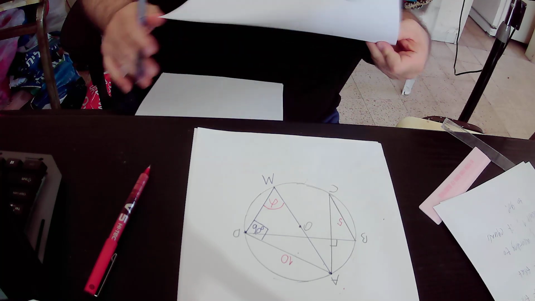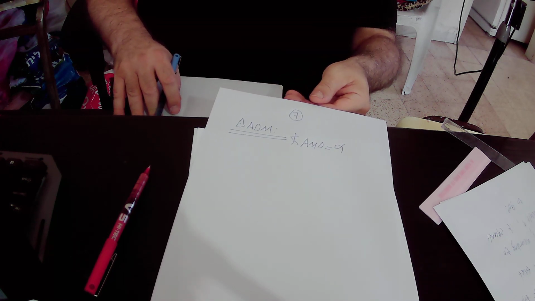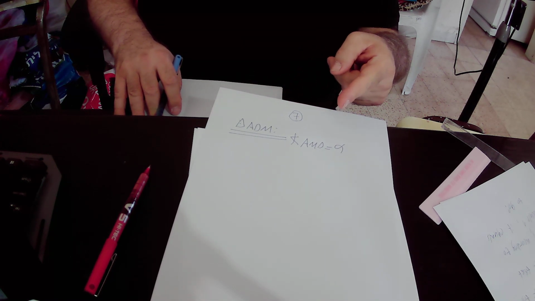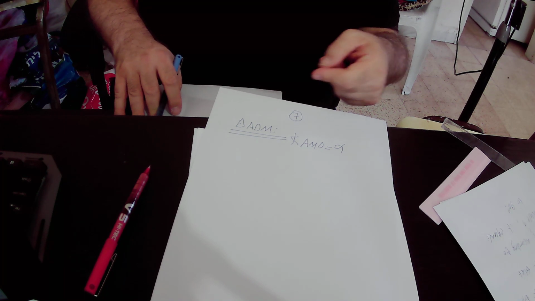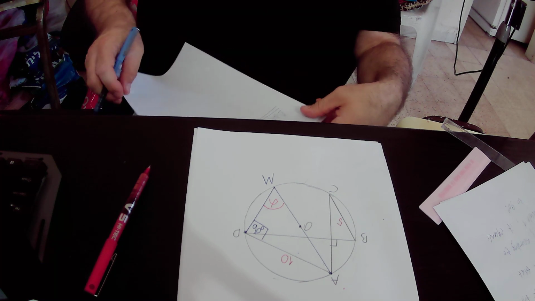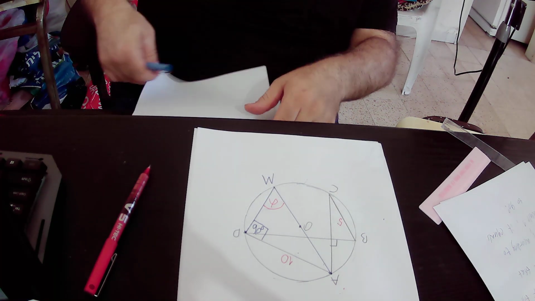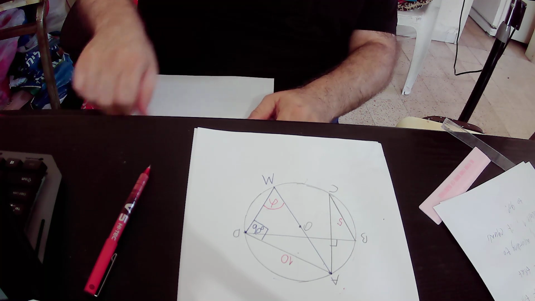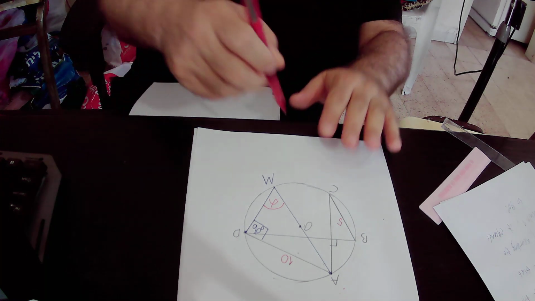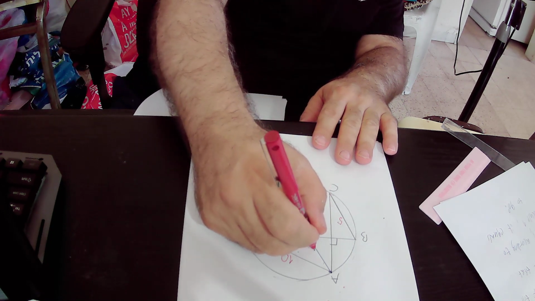Okay, angle AMD defined as angle alpha, and angle MAD will be equal to angle beta.